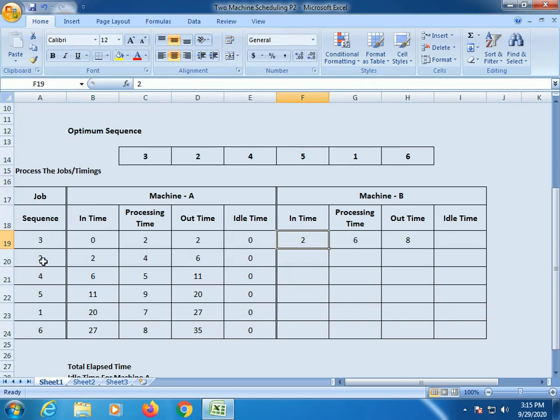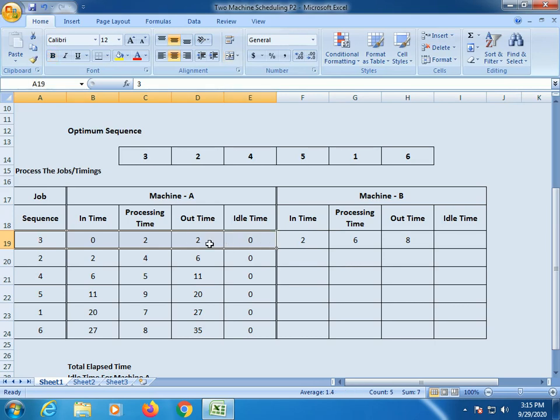We could perform other jobs, but here we do not. Why? Because first we have to process the job on machine A, then only we can process the job on machine B. That's why we do not perform any other job on machine B. Machine B has to wait for the first job.